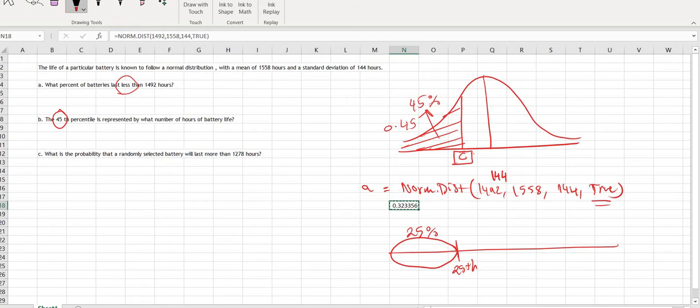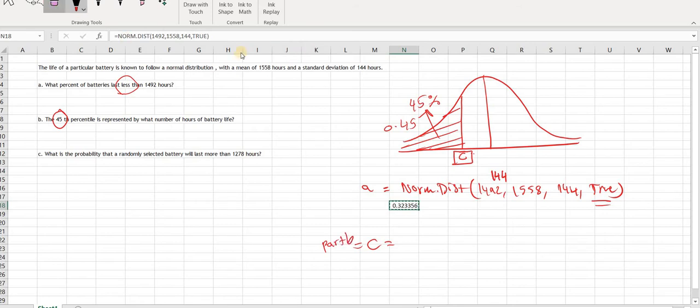To find the number that represents the 45th percentile, we're going to use the inverse function, since we have the area to the left of a missing number and we need that number. This is part B, by the way. I called it C, but let me change that to a B, so it makes a little more sense.